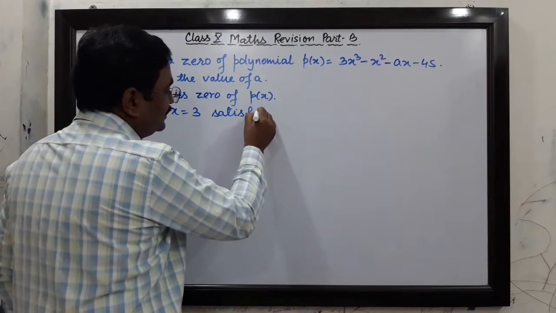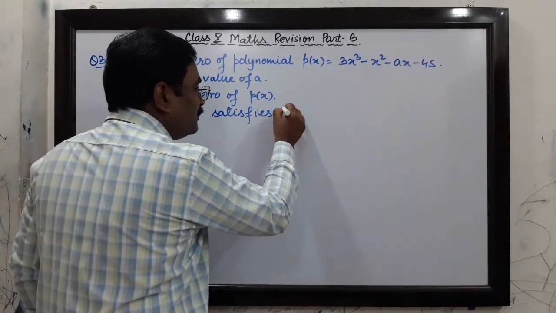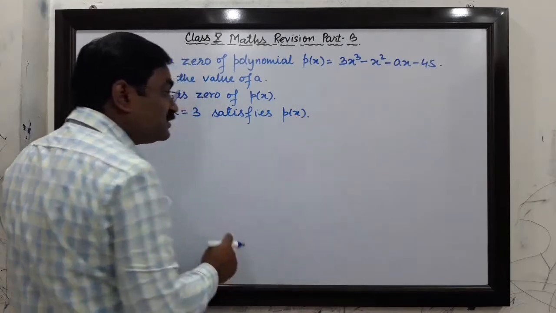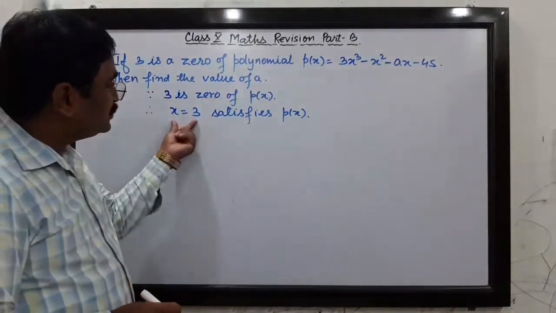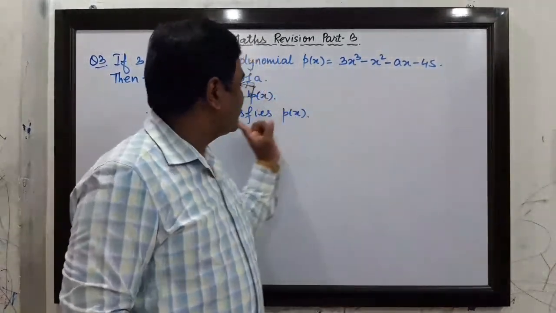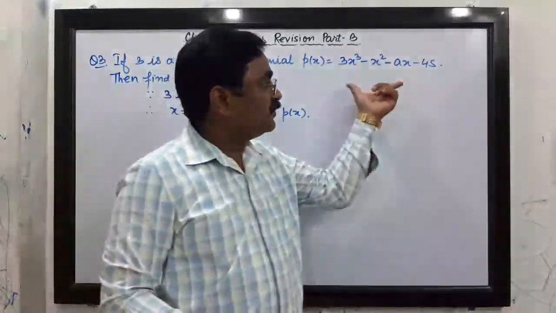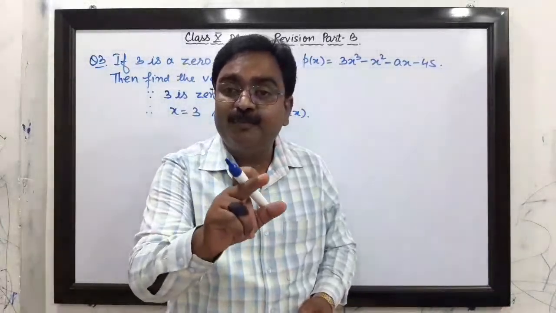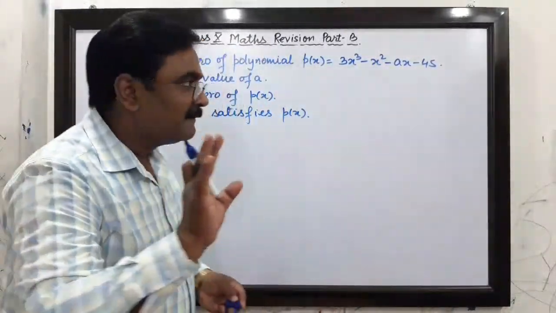Satisfy p of x. And what is the meaning of satisfaction of this x equals 3? Means when you substitute this value of x as 3 in this polynomial, you will get the value of the polynomial as 0. Right?